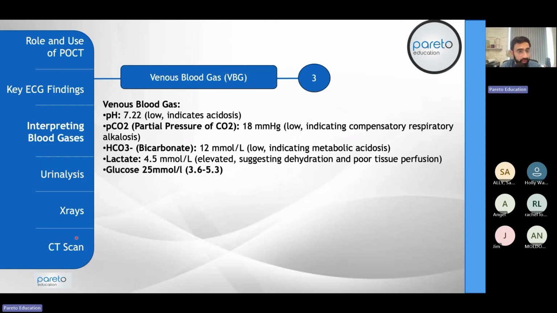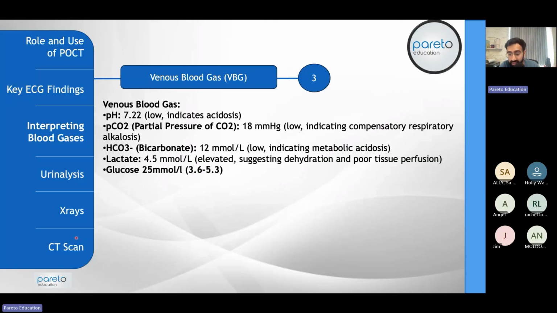You do his blood gas, and you find the following. His pH is 7.22, which is low, indicating acidosis. PCO2 we can disregard because it's a venous blood gas. Bicarb is low, so that supports the fact that he's quite acidotic.